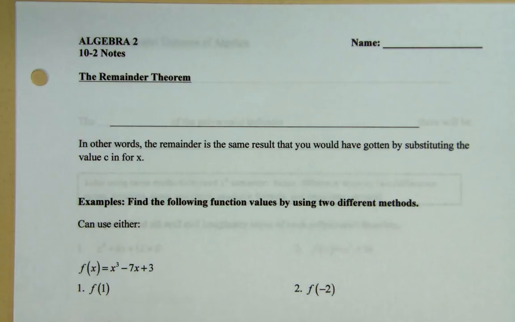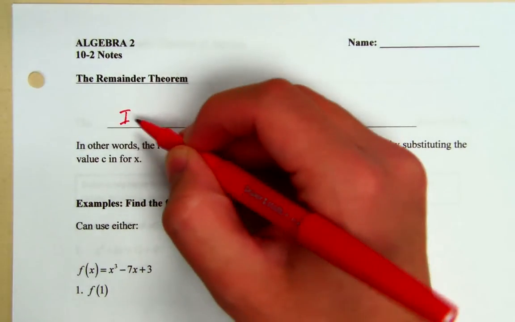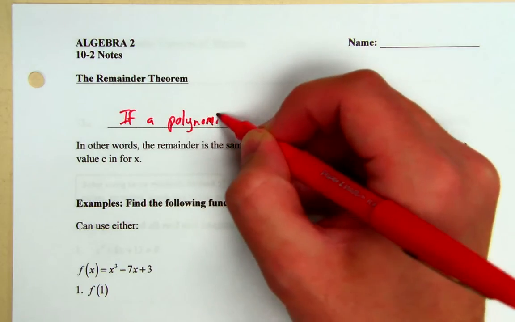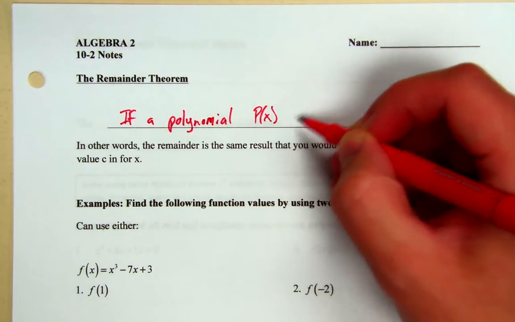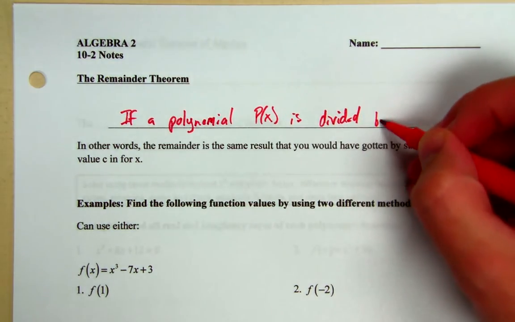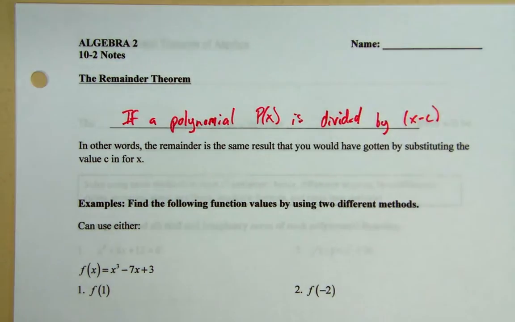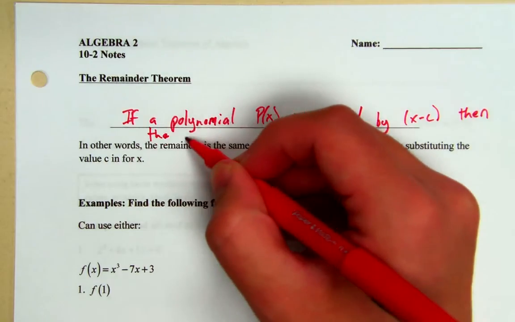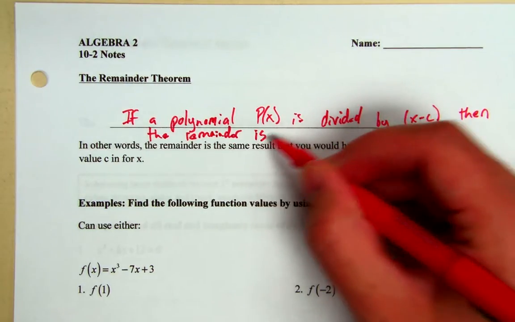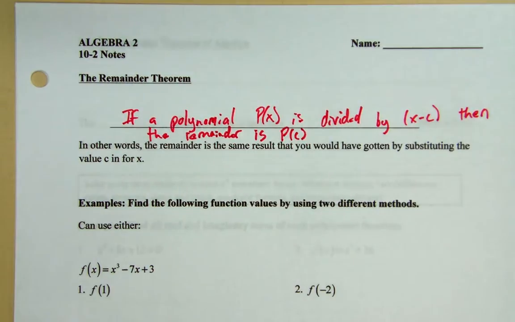In this lesson, we're going to learn about the remainder theorem. Now, you've actually kind of learned this already. The remainder theorem says, if a polynomial p of x is divided by x minus c, then the remainder is whatever p evaluated at c is.